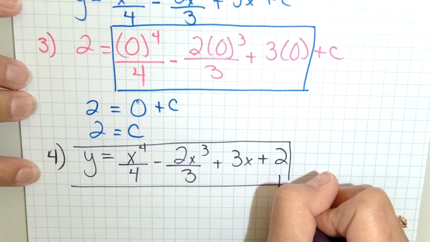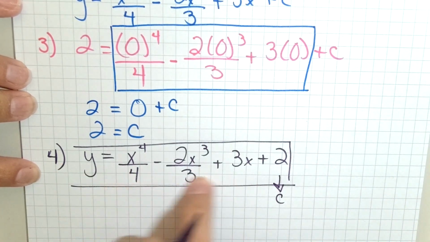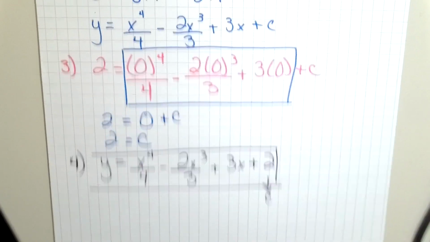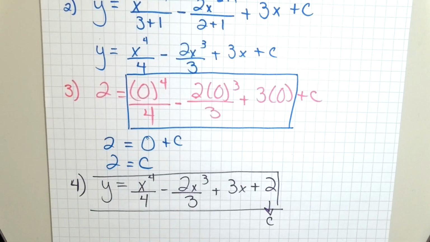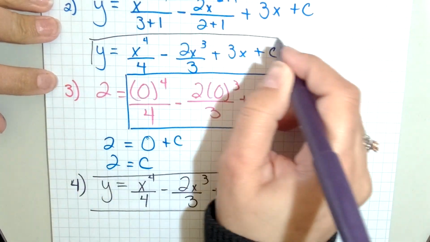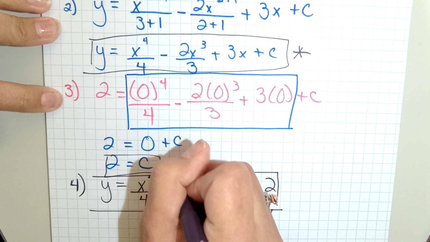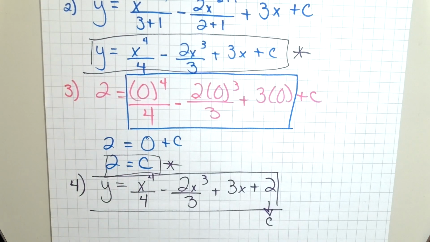This is C, and this was my antiderivative from step 2. So I combined both those things.